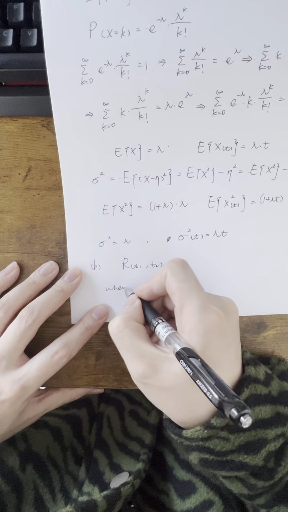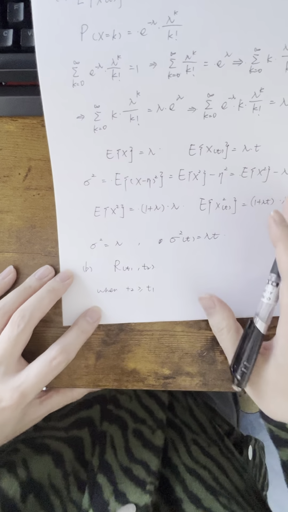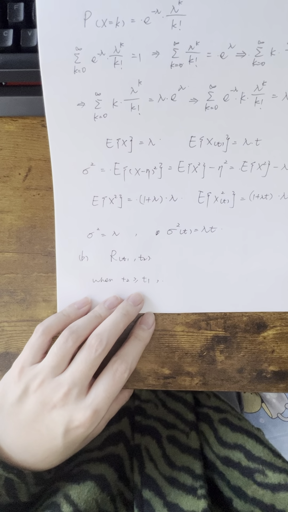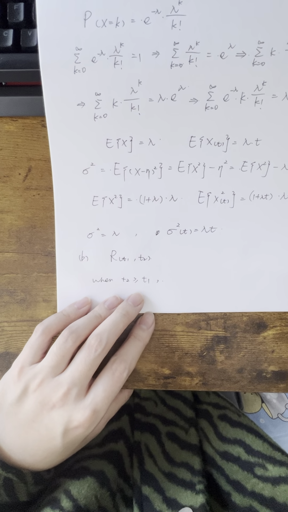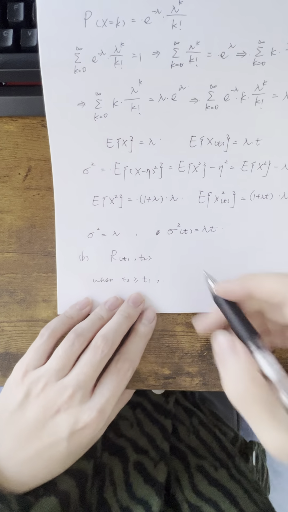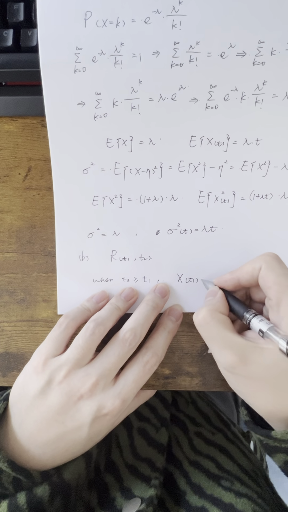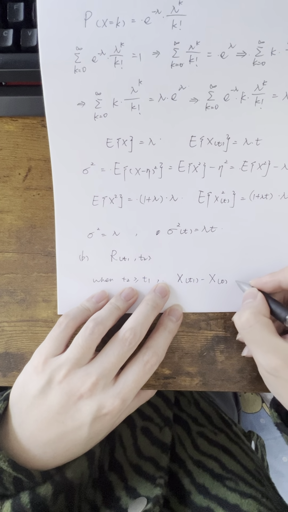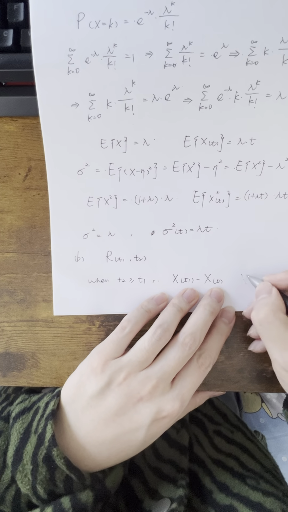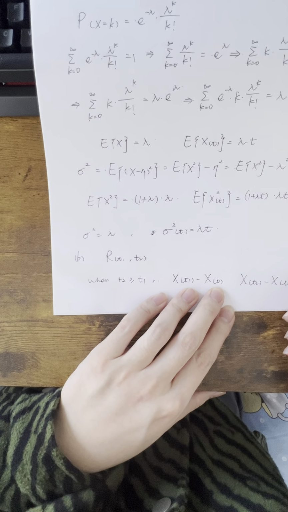When t2 is greater or equal to t1, since from the definition, a Poisson process is an independent increment process, which means that X(t1) minus X(0) will be independent of X(t2) minus X(t1).